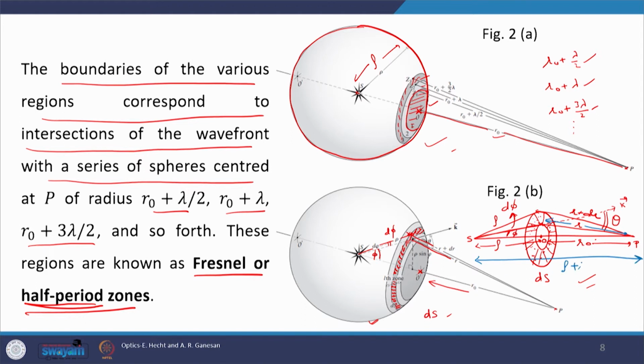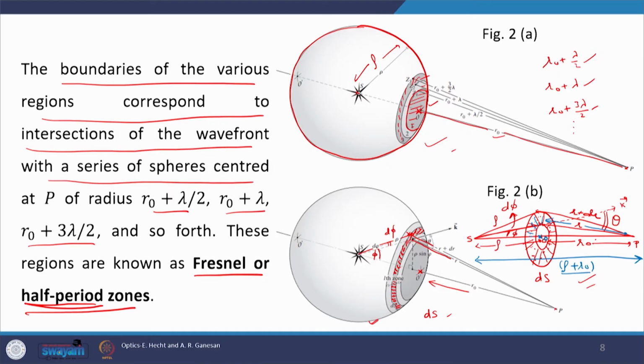It is rho plus r naught, isn't it? But this distance is the horizontal distance, and our area element is a bit shifted. It is an annular ring which is away from point O, which is sitting at the center. Therefore, the new distance is r, and the overall phase would be omega t minus k (rho plus r). This should be the phase of all the waves reaching the point of observation P.